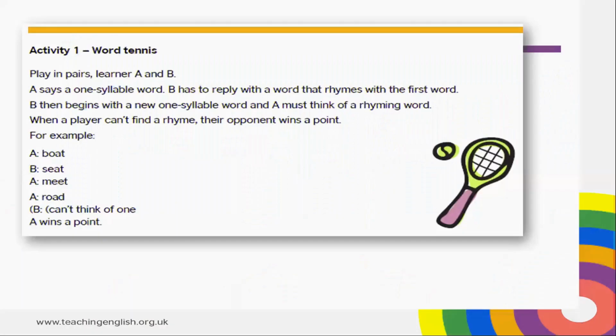Thank you. Okay. As for the activities, the first one is word tennis. In this activity, the students are supposed to use words having the same sounds, like boat, and the other one or the other pair would say seat, for example.